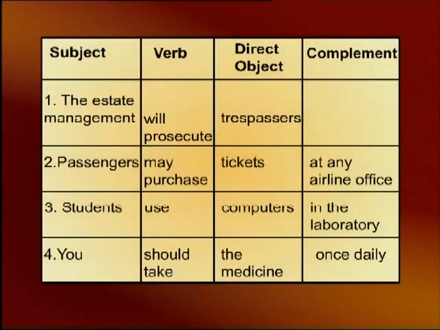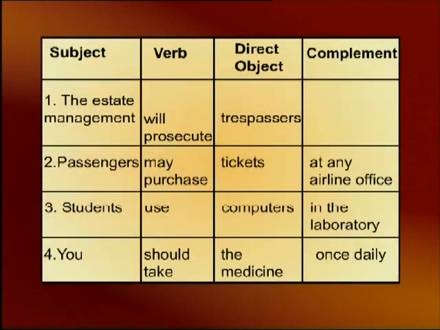Number 2, passengers may purchase tickets at any airline office. The verb is may purchase, and may purchase requires a direct object which happens to be tickets. Number 3, students use computers in the laboratory, right? The verb use in that active sentence has a direct object which is computers.